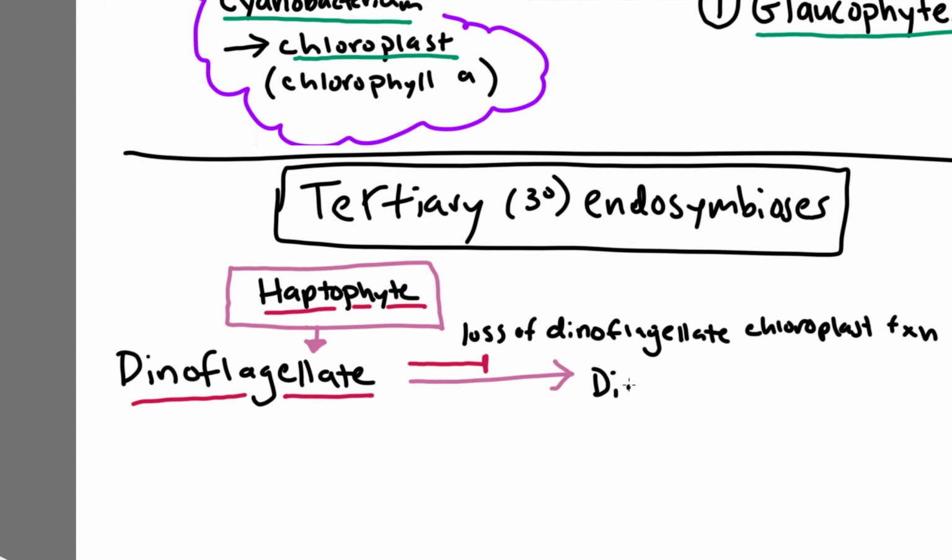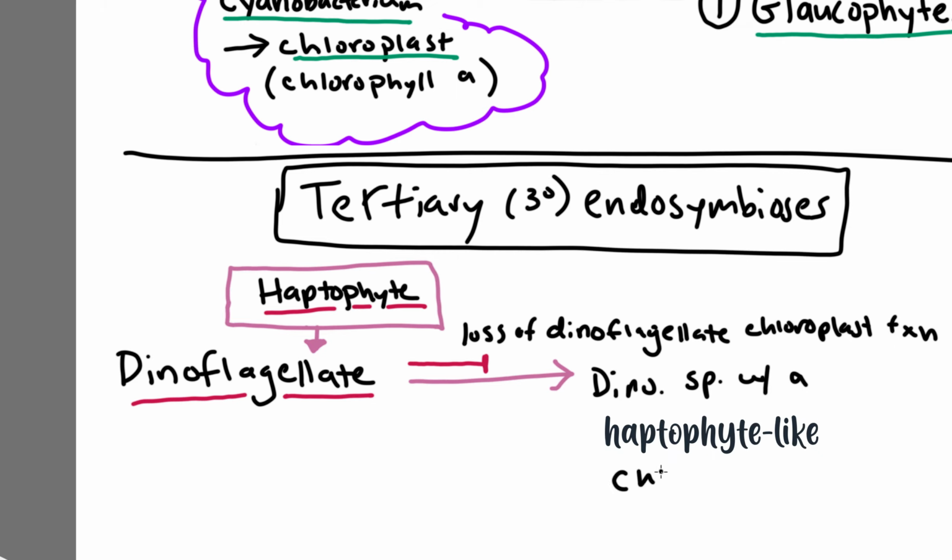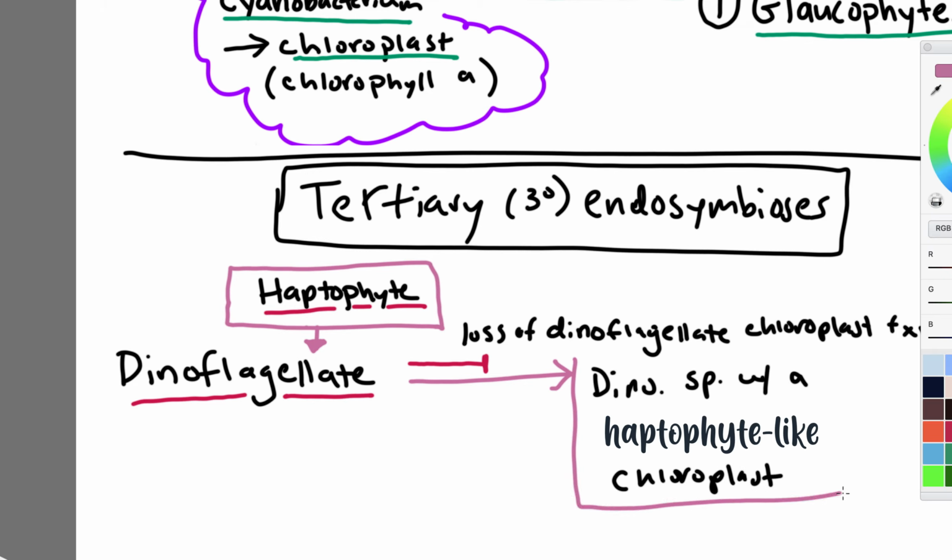So then you end up getting a dinoflagellate species with a haptophyte-like chloroplast. So basically these species don't have the normal dinoflagellate pigment in them. Instead, the pigment they have, and other characteristics they have, look like what the haptophytes have.